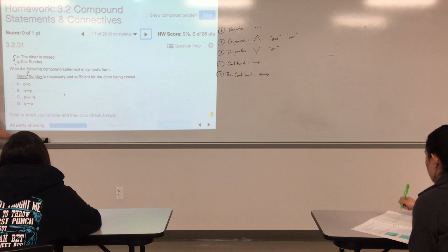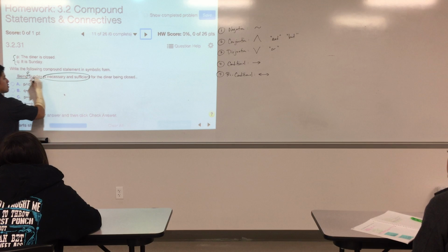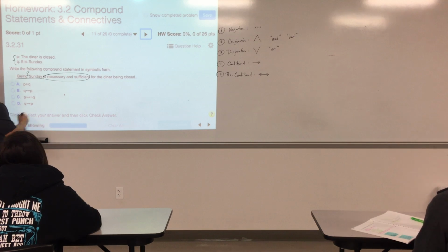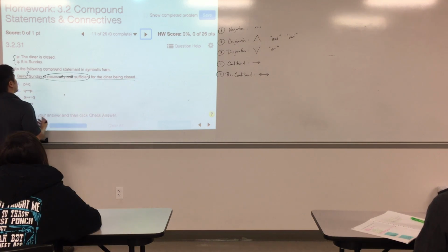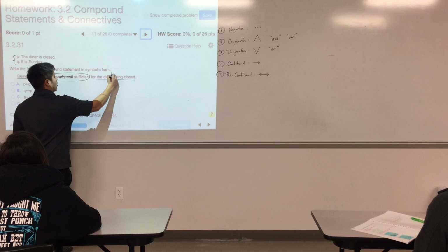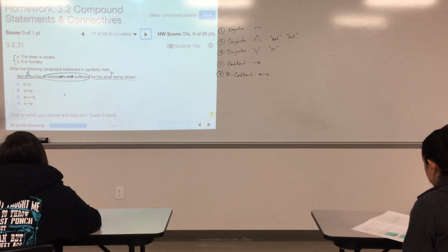Yes. So it's just Q. Necessary and sufficient. It's your biconditional double arrow. For the diner being closed. Just P, right? And so our answer should be Q, biconditional, P. Which one is that? B.